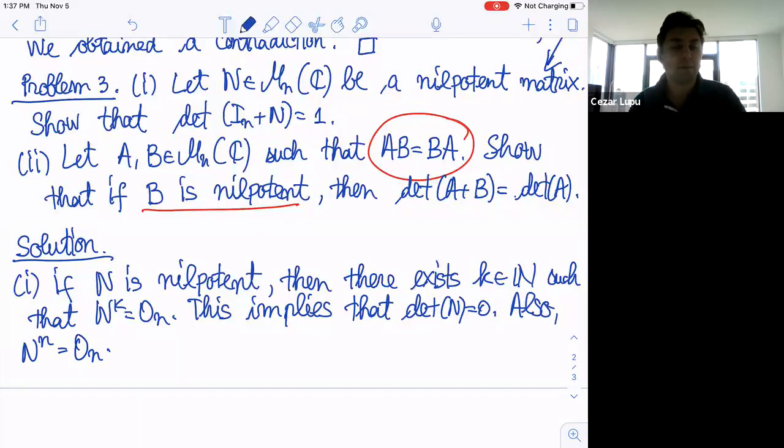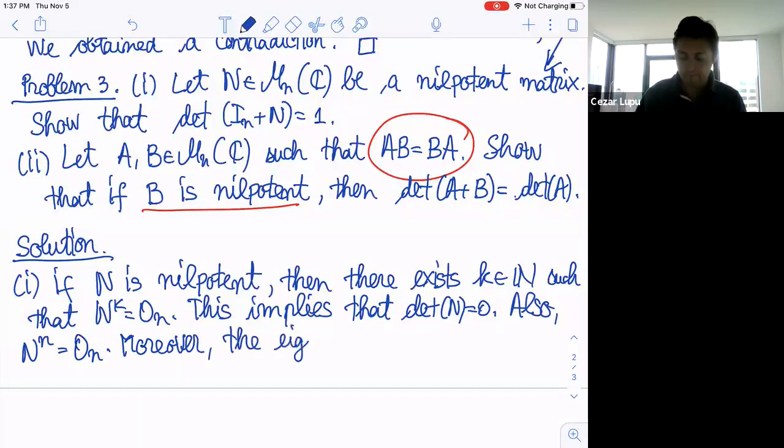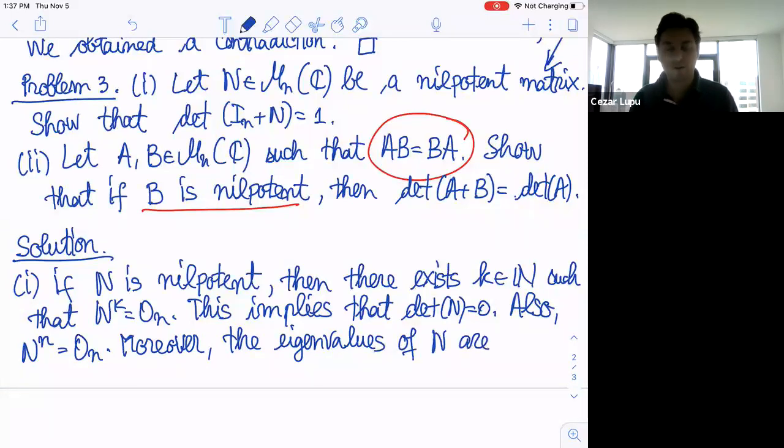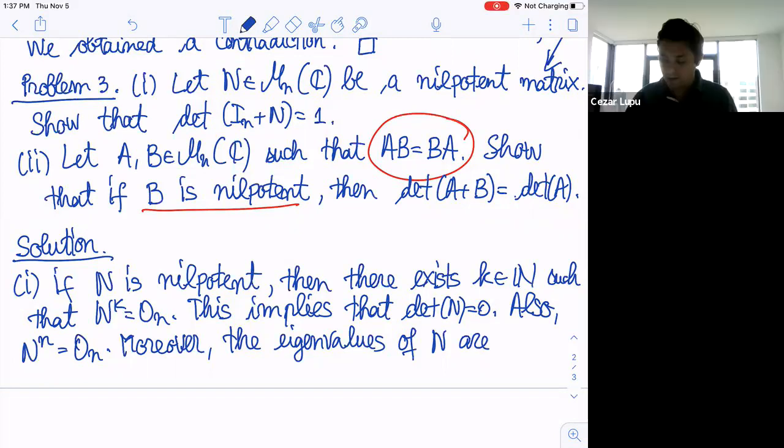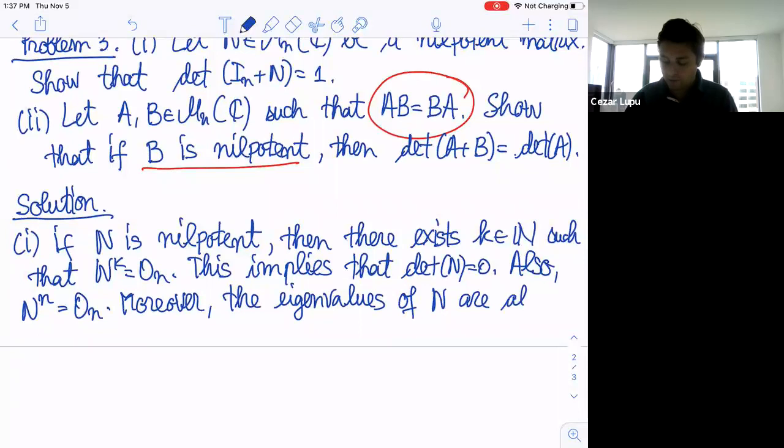Moreover, what can you say about the eigenvalues of a nilpotent matrix? What can we say? Are they also 0? Exactly, they are all 0.